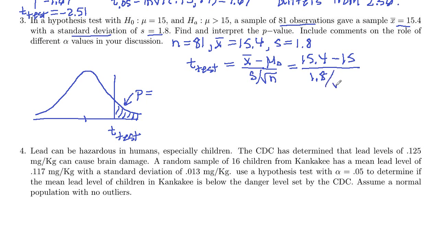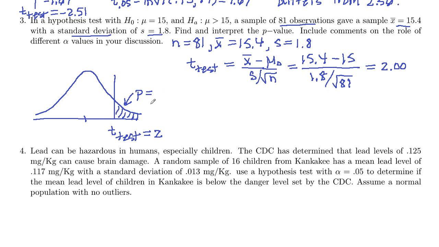And then over square root of n was 81. So that'll actually be 9 in the denominator. And then if you plug this into the calculator, you will get 2.0 to the nearest tenth here. Actually, I believe it's 2.00. So our test statistic there is 2, actually ends up being 2 on the dot.